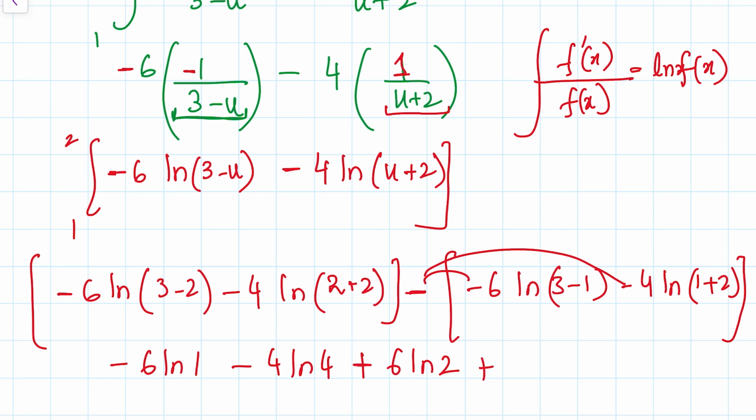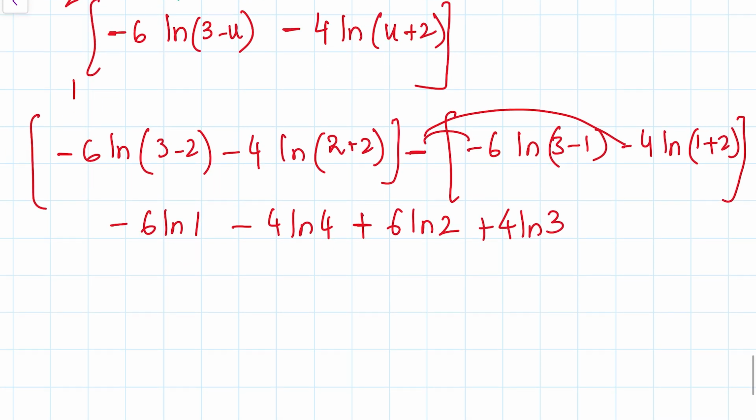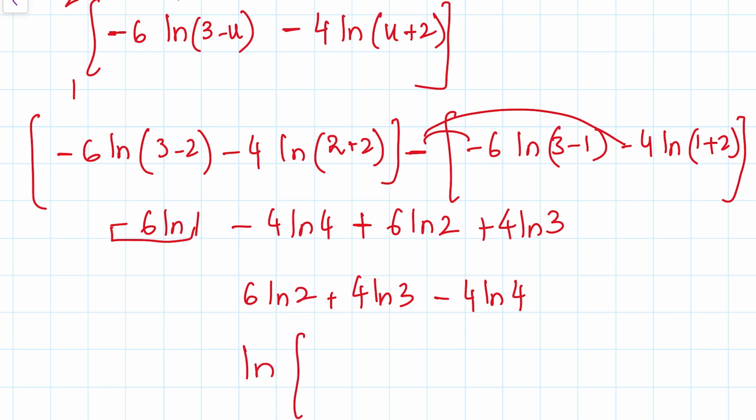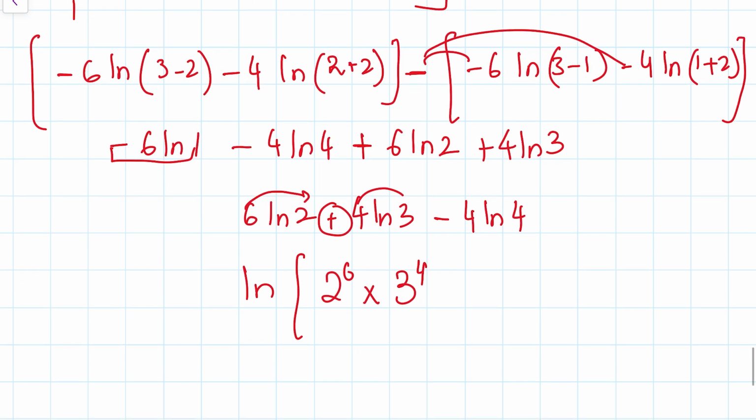Minus minus is a plus 4 ln 3. Take ln 1 is 0, we cancel it out. Now rearranging it, ln common out. This becomes the power. Plus changes into multiplication, 3 power 4 divided by 4 power 4.